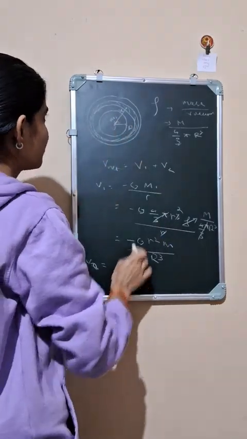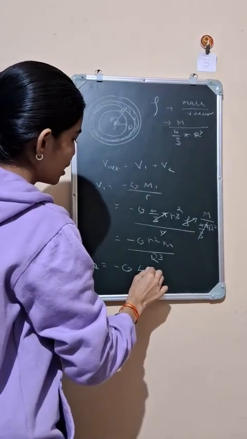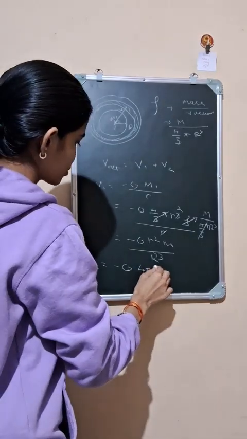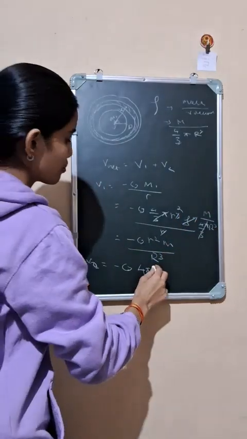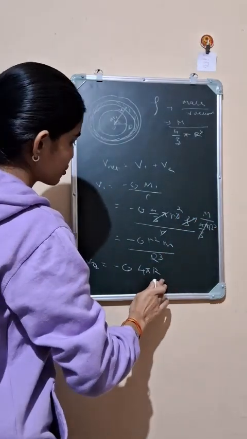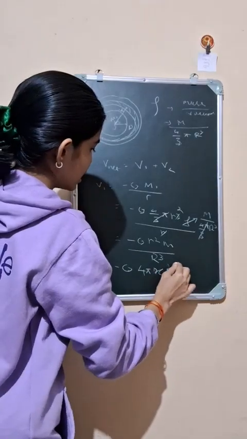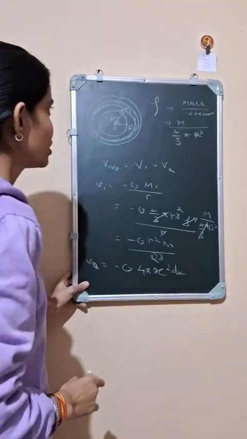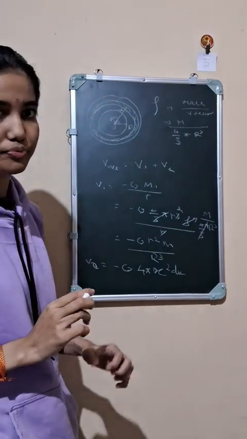So here G, mass of the spherical shell will be 4 pi r square, the surface of the 4 pi x square. Here the radius is x, 4 pi x square dx is the volume of the spherical shell. Because suppose this is a spherical shell.